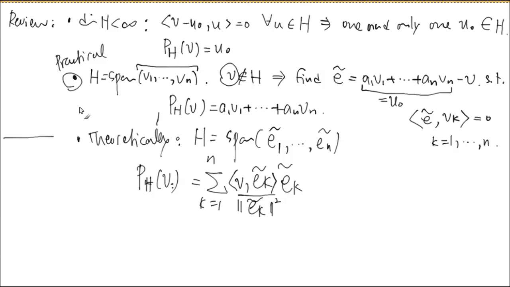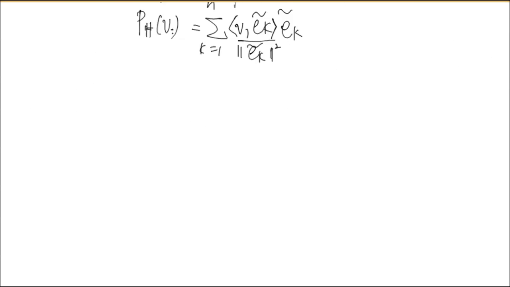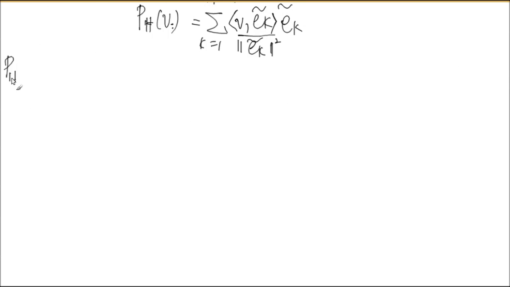Okay? So let's think about this PH as a map from V to H, given by PH V going to U0, right? And you have to describe what this U0 is. How would you describe U0?